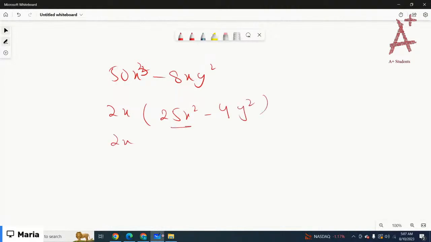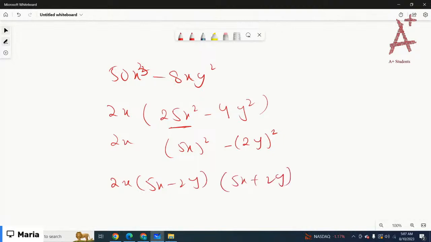So you can see 25x square is the square of 5x, and 4y square is the square of 2y, right? So you can write it as 5x minus 2y and 5x plus 2y, right? Okay, let's just start with the next question.